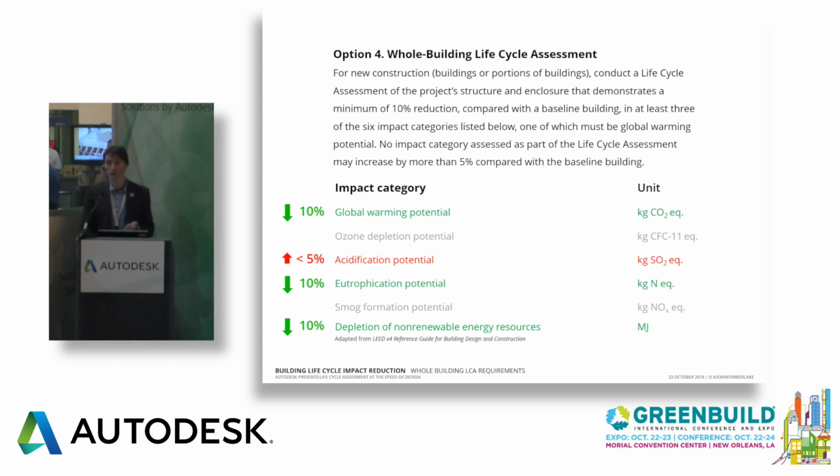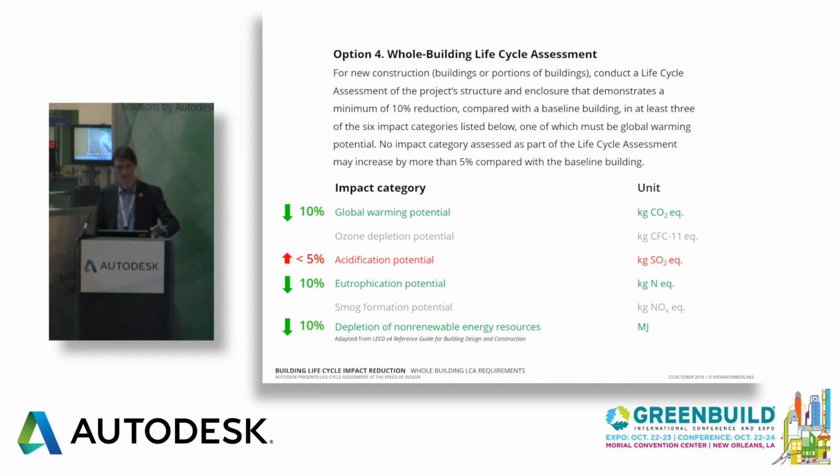For new construction, buildings or portions of buildings, conduct a life cycle assessment of the project's structure and enclosure that demonstrates a minimum of 10% reduction compared with a baseline building in at least 3 of the 6 impact categories listed below, one of which must be global warming potential, and then none can increase by more than 5%.